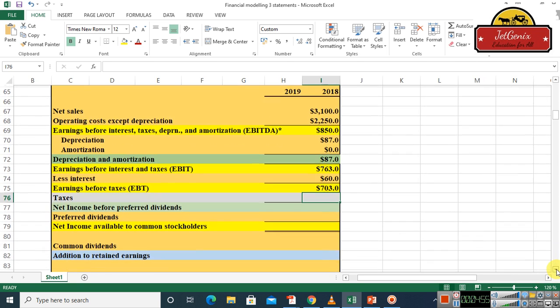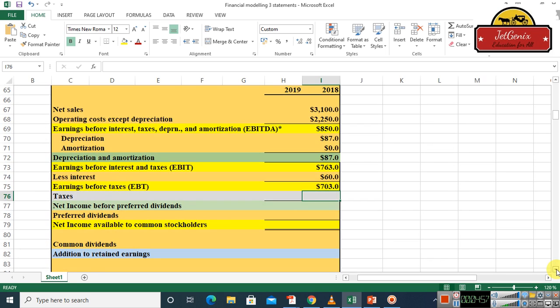Okay, now let me scroll it down a bit to complete it, and now we have to calculate the tax expenses. And the tax expense, if you remember, is calculated on the amount which is earning before tax. And as we know, the tax rate of this company is 35%, so we are going to calculate 35% on this value.